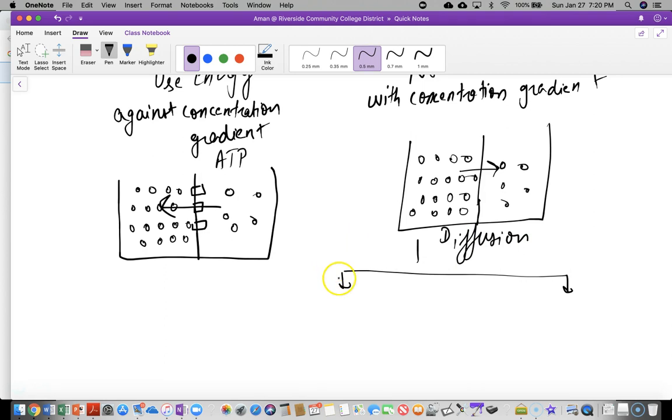Now this diffusion can happen in two ways. One is simple diffusion. The other one is facilitated diffusion. Now let's see what is the difference, okay?